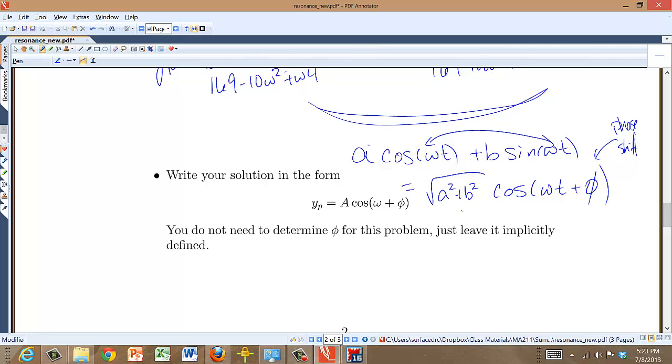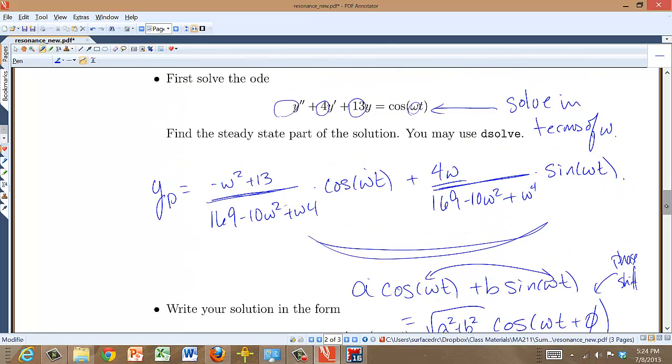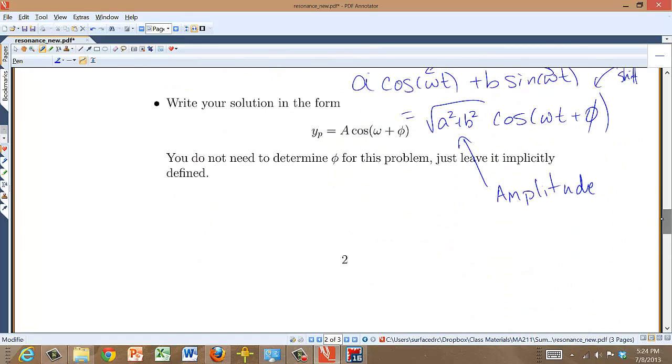But if we do that, then we can see it's easy to calculate the amplitude. If I rewrite it like this, it's obvious this is the amplitude of oscillation here. So this is good. I can rewrite my steady state solution as one coefficient times cosine of omega t plus phi.